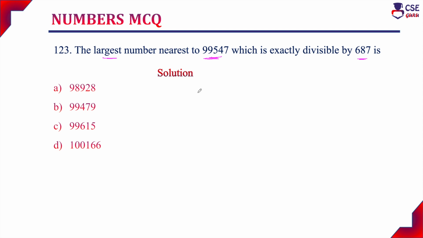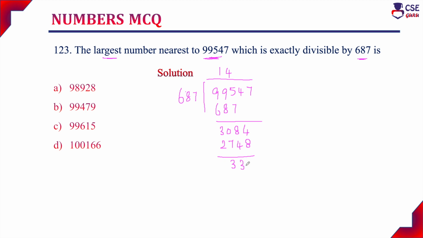Okay. So divide 99547 by 687. One time 687, and here we will get 3084. And 4 times 2748, and the remainder is 3367.